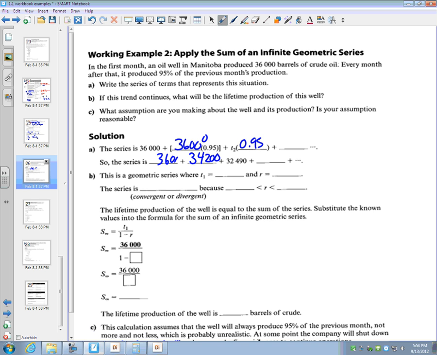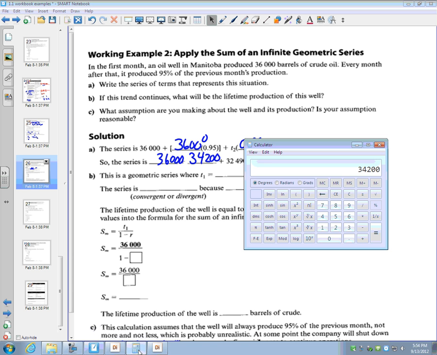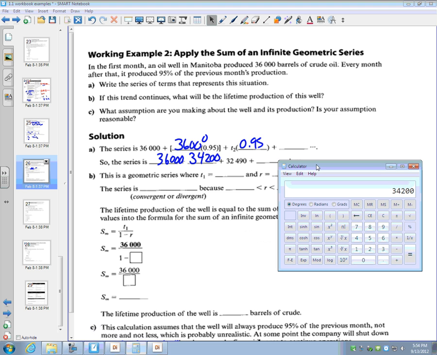36,000 goes there. They already did the next term for me. Let's check that they've done that correctly. So I'm going to times this by 0.95 and that will get me my next term. Oh, why do I have too many zeros? What have I done?